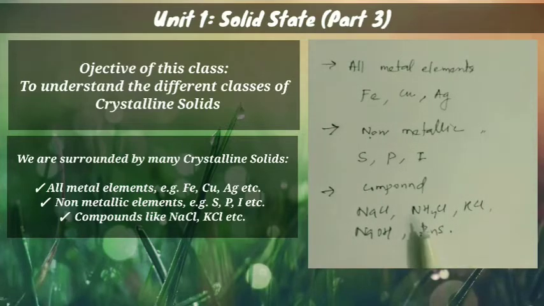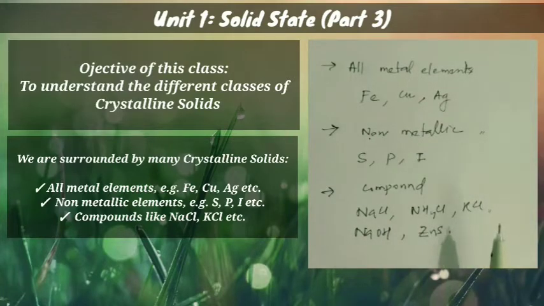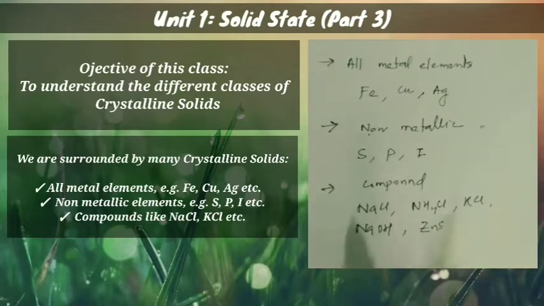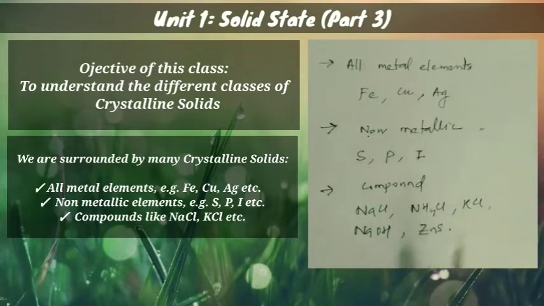So by studying only one solid, we can have an idea about the other solids in that subclass. That's why we want to classify the crystalline solids into some classes or types.